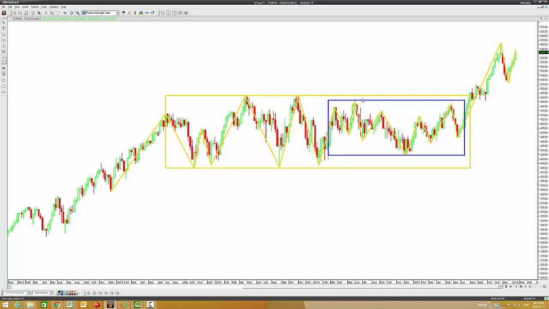It's about a 9,000 point range, which is quite significant, so still very tradable, but a range nonetheless. And the markets have really just moved sideways since probably that high over there in April 2015. We get the sideways movement in the market, which is only now breaking to the upside.